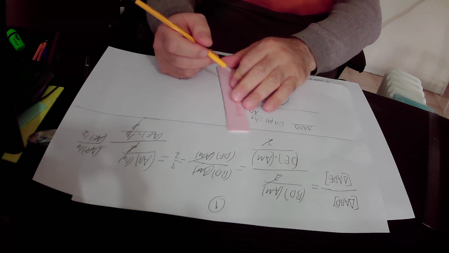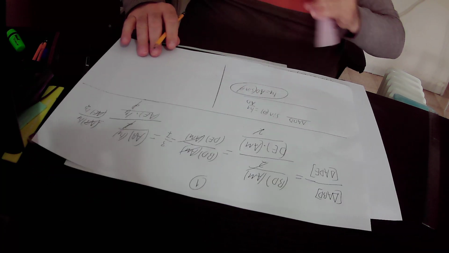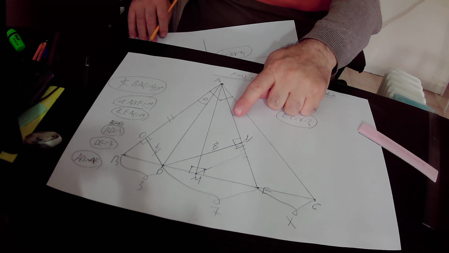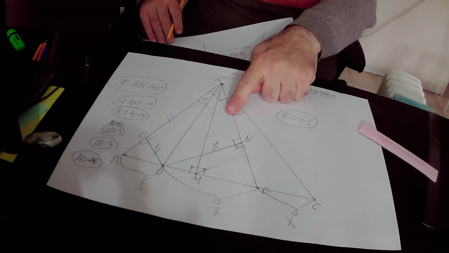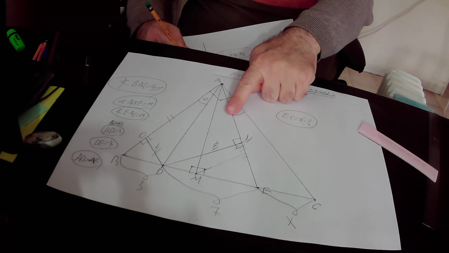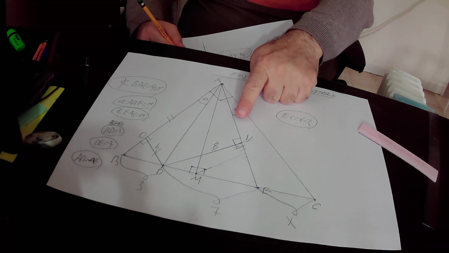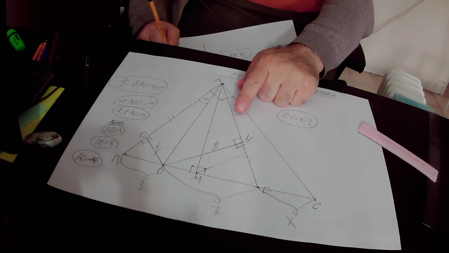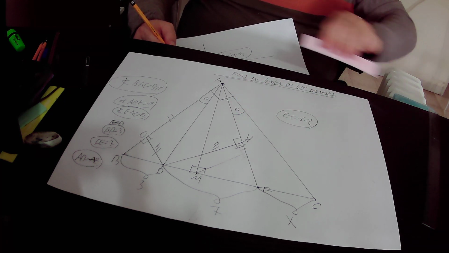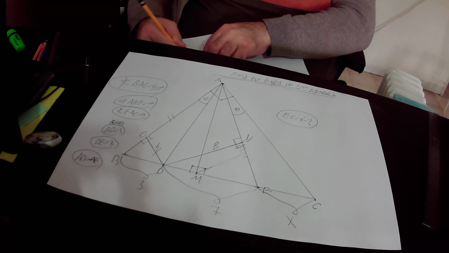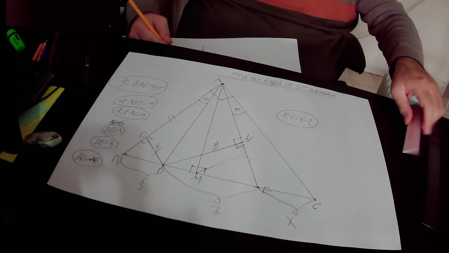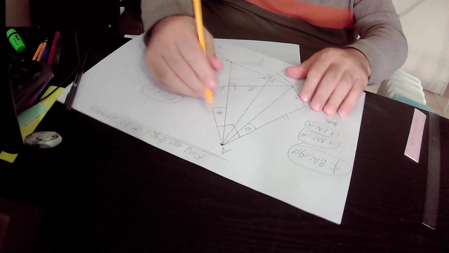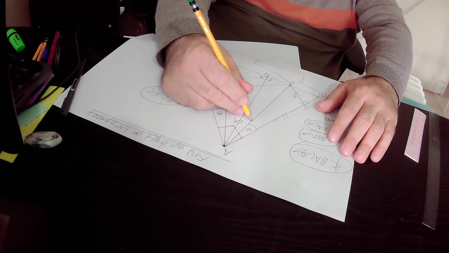Likewise, we calculate the value of H2. Here we have the right triangle ADK, but before that we define angle EAD as alpha.